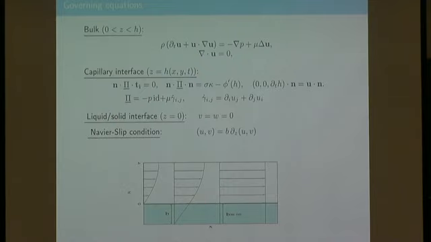Then we have the conditions at the interface. Of course, it's impermeable, but what we change here is we assume a Navier slip condition that is associated with that friction. Because we want to model and capture all the dynamics in an efficient way, we want to derive simplified models like lubrication models for this situation.